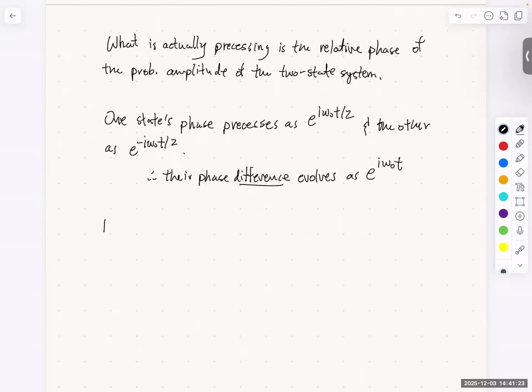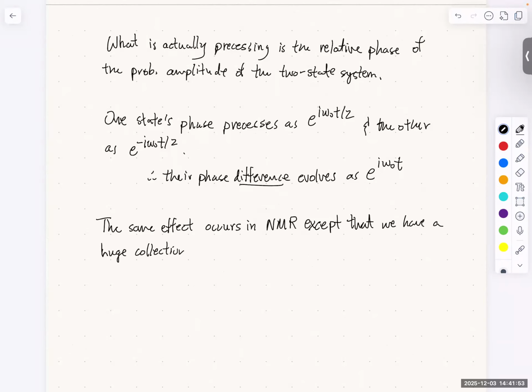And so let me just point out briefly, the same effect occurs in NMR, except that we have a huge collection of spins in a lattice.